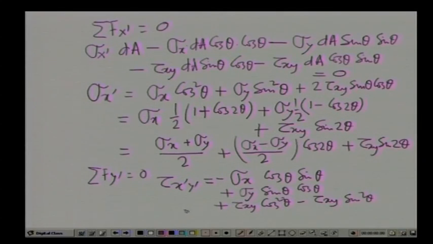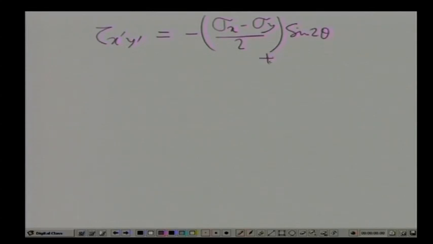Hence, we can write tau x dashed y dashed as equal to minus sigma x minus sigma y by 2 sin 2 theta plus tau x y cos 2 theta.